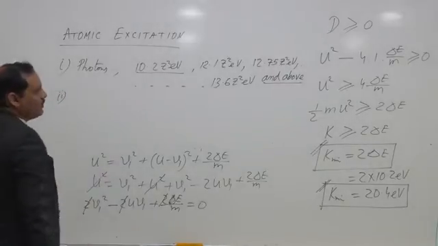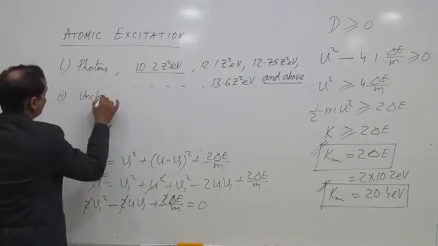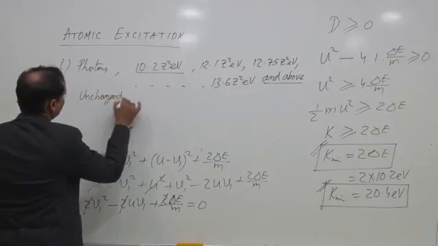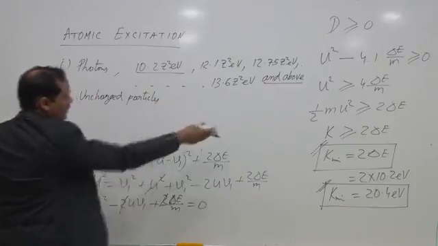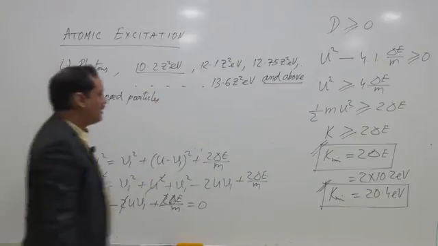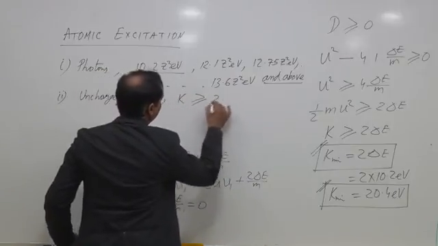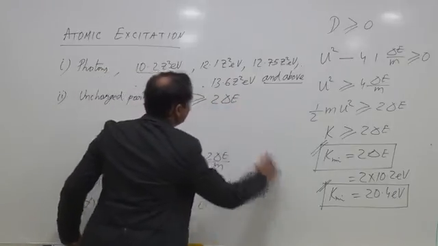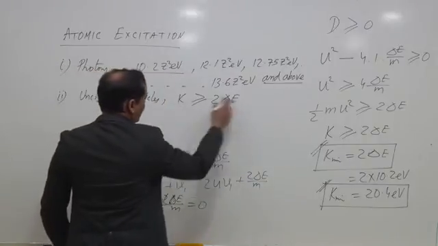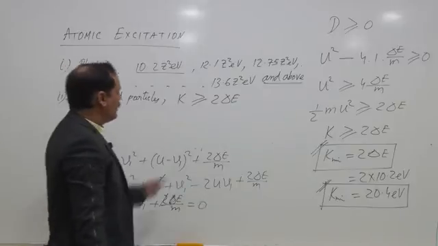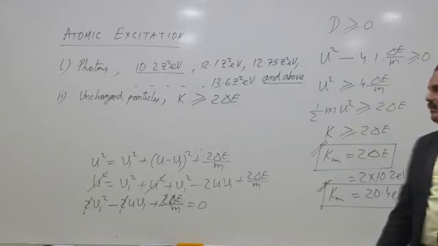Second one, by bombardment of uncharged particles. As we have seen in this particular situation, the kinetic energy of the bombarded particle has to be greater than or equal to 2 delta E, that is, any value above 2 delta E. 2 delta E is the minimum energy needed.